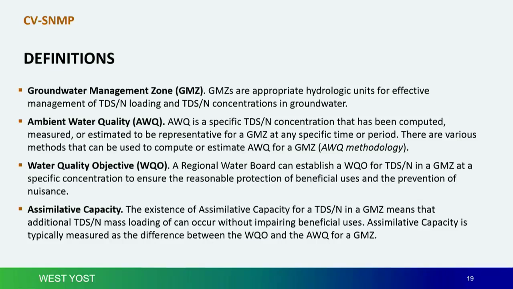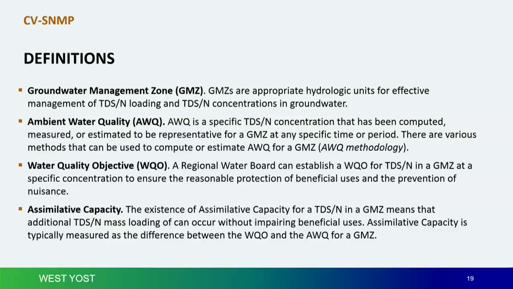We come up with a single number to be generally representative of the TDS and nitrate concentrations within that management zone. And then a water quality objective. We're not going to be talking a lot about that today, but that is where we're going. We want to recommend TDS water quality objectives at the end of this effort for the regional board to incorporate into its basin plan.